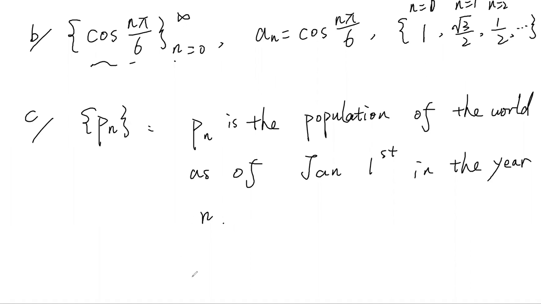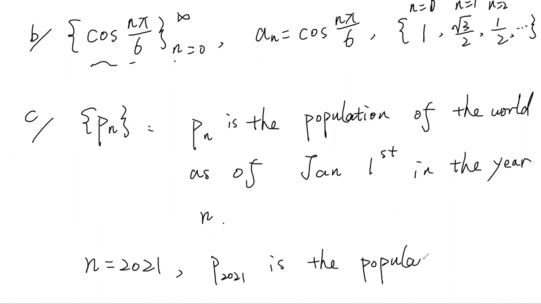For a concrete example, when n is equal to 2021, P 2021 is the population as of January the 1st, 2021.